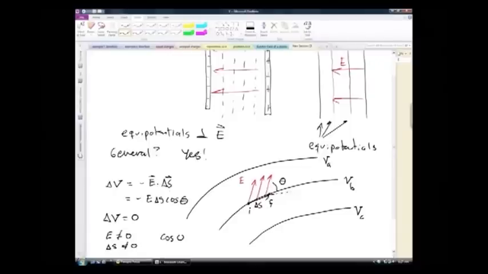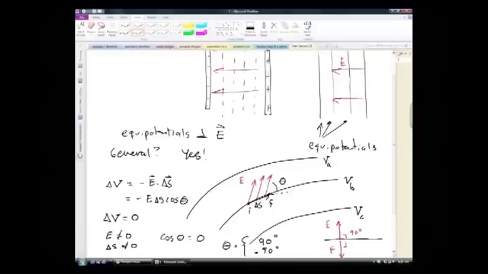So if the cosine of theta is zero, theta has only two choices. It's either 90 degrees or minus 90 degrees. Right? So what we're saying is that the electric field at that location, if this is the equipotential line, is either going to be making a 90-degree angle with the equipotential or minus 90 degrees. So it either points that way or it points the other way, down.